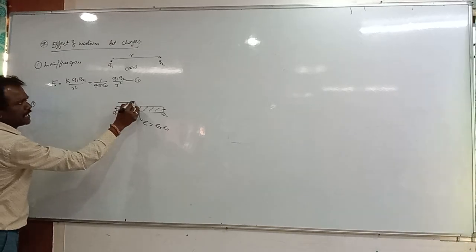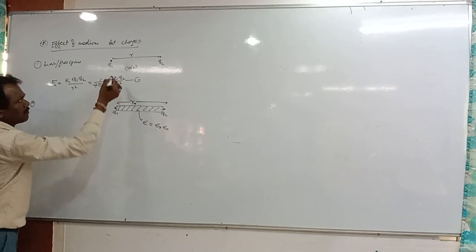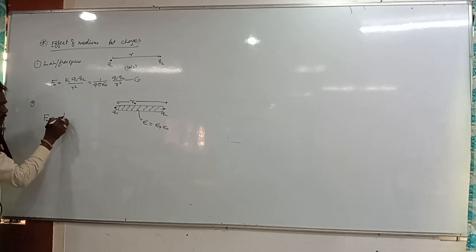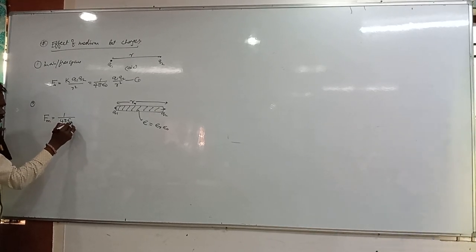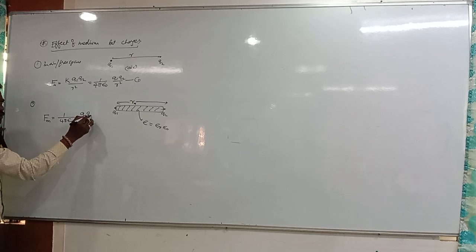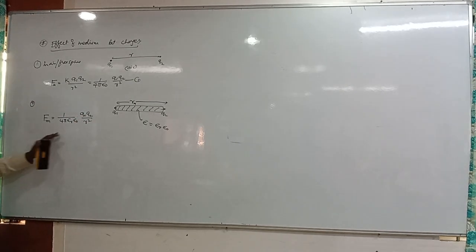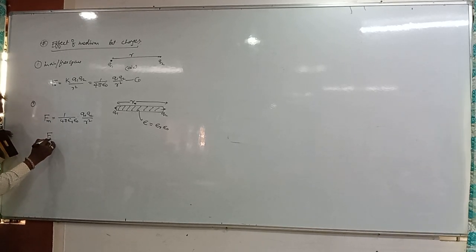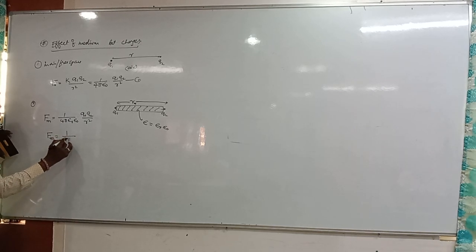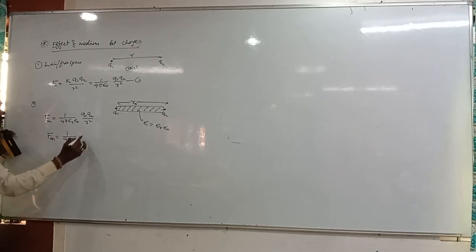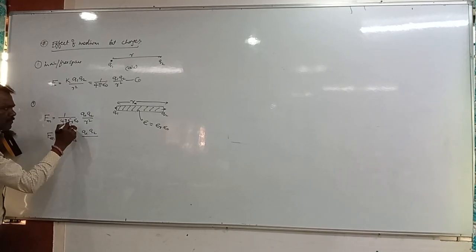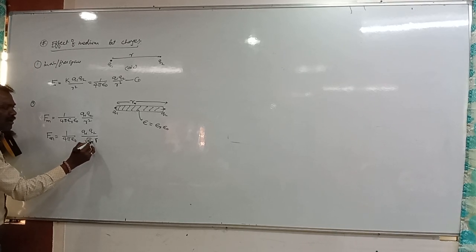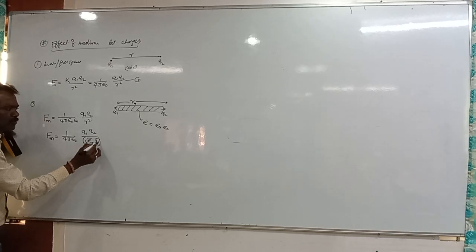Then, separated by r distance in the medium, you can write F in the medium is equal to, use this formula, 1 by epsilon into Q1 Q2 by r square. And this formula, how can we write, is equal to 1 by 4 pi epsilon naught into Q1 Q2 by, with epsilon r, root epsilon r into r whole square.